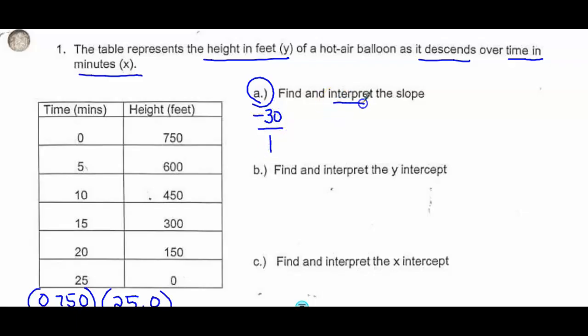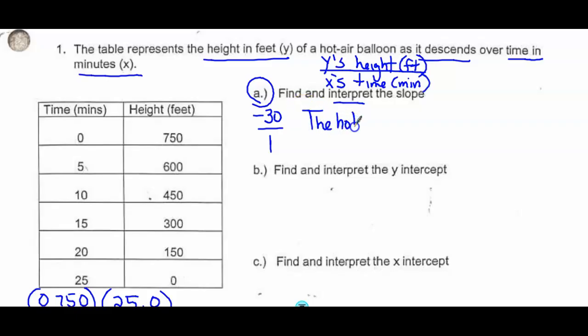And we learned how to interpret. When you interpret, it's always the y's over the x's. So this was height in feet over time in minutes. And this is about a hot air balloon. Now, since the hot air balloon is descending, that's your negative slope, I'm going to say.